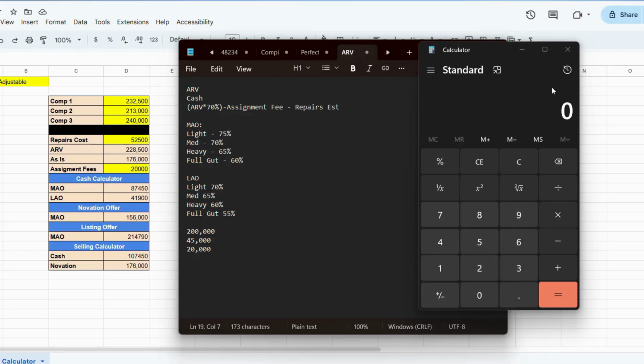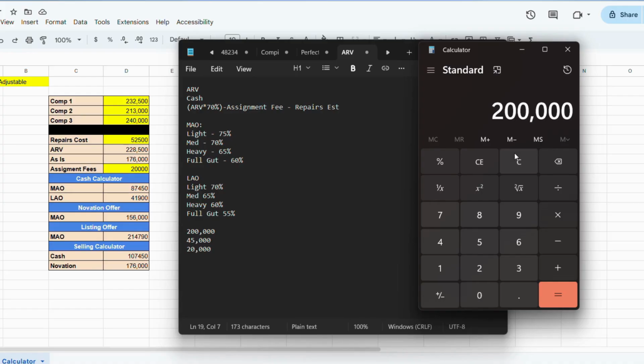So again, it's going to be 200,000 multiplied, because this is medium and I want to get my maximum allowable offer, so that's multiplied by 70%, minus my assignment fee, which is 20,000, minus the repair cost, which is 45. Meaning that for this property, my maximum allowable offer is going to be 75,000, right?